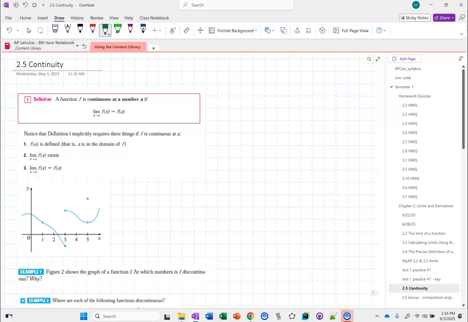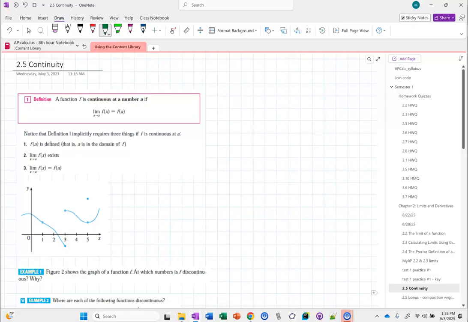So our definition of continuity at a point becomes just the limit as x approaches a of f of x equals f of a. It's essentially the direct substitution rule. So if you go back to section 2.3, our direct substitution theorem says we can do that for polynomials, right? If f of x is a polynomial, the limit as x approaches a of f of x is just f of a.